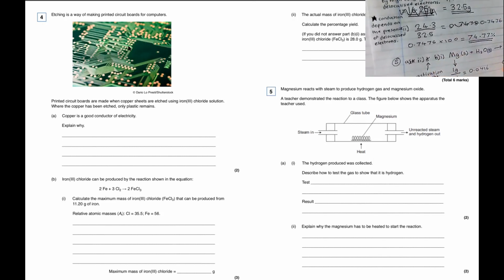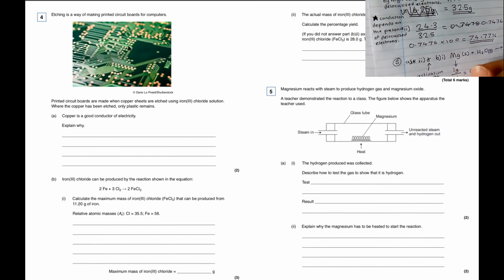What they're going to be assessing is your understanding of kinetic theory: before a reaction can take place, the reactants need to collide with the right amount of energy, which is greater than the activation energy, and also with the right orientation. Only when a successful collision happens do you then see the product, so to speak.